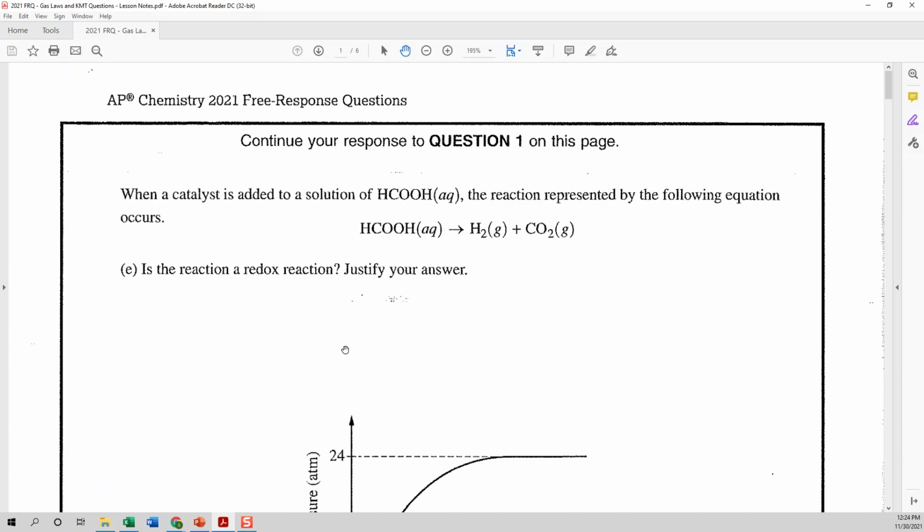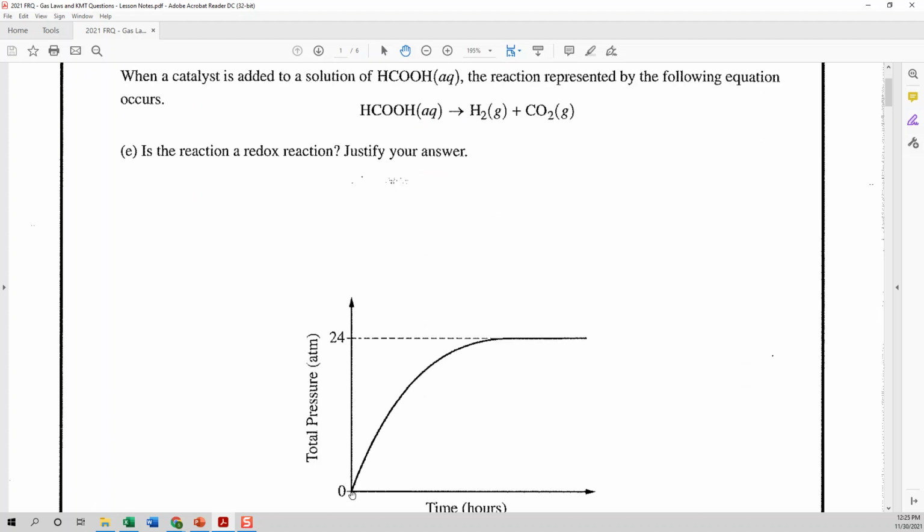And so as the reaction proceeds, we produce hydrogen gas and we produce CO2 gas, and as more gas gets produced, obviously the pressure increases until we reach an equilibrium, or until the reaction's stopped, right? And so the reaction's stopped, or we've reached equilibrium, when we have 24 atmospheres of pressure, and that would be 24 atmospheres due to this gas, all right?